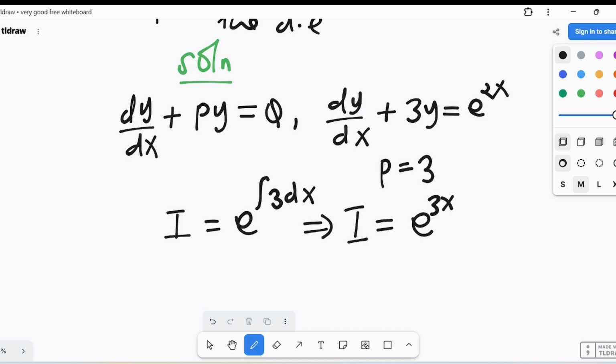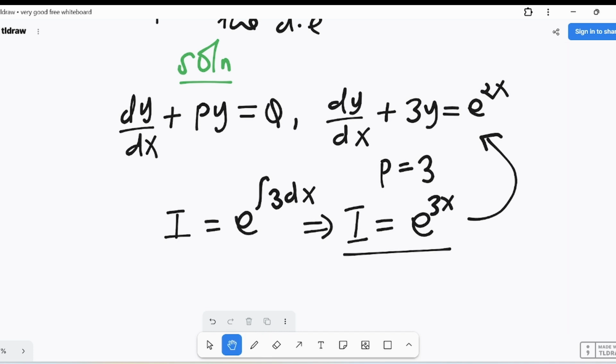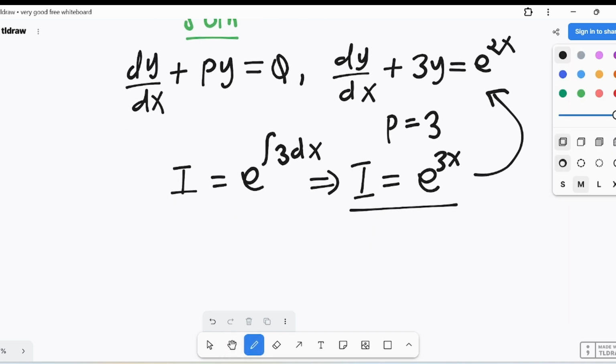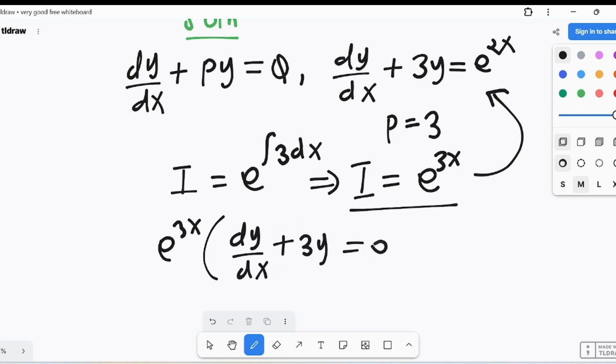After getting the integrating factor, we have to multiply it throughout our DE. So multiplying it throughout our DE, we shall have e power 3x into dy by dx plus 3y is equal to e of 2x.